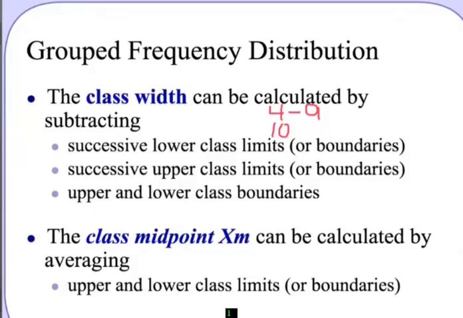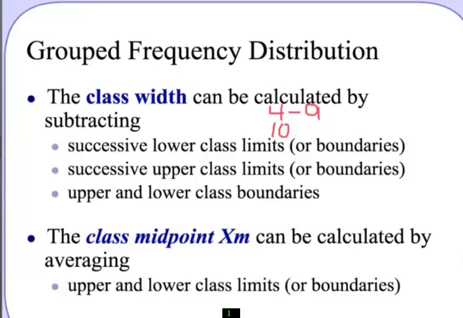And the reason I know that is because whatever this class ends at, the next class must start at. And we'll get into some of those rules here in a moment as well. But my class width is the difference between these two numbers, my lower limits. So 10 minus 4 is 6. So that would be my class width for this particular example that I'm looking at.